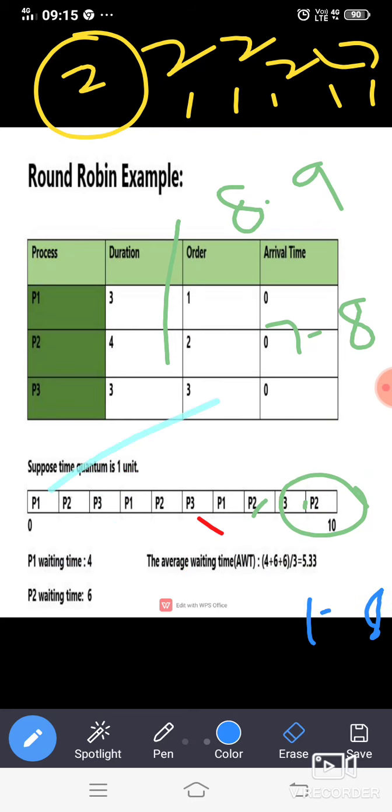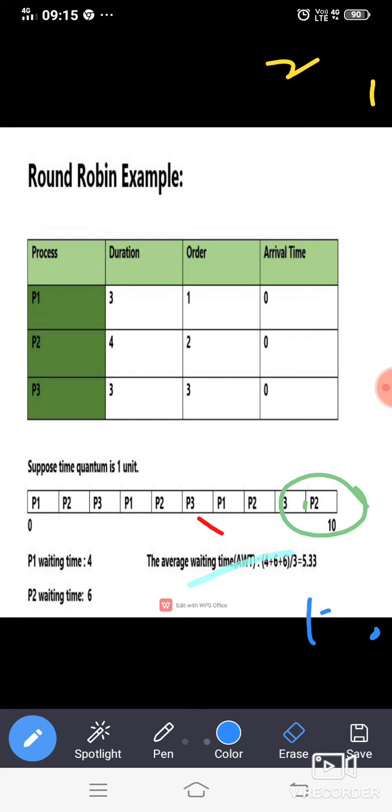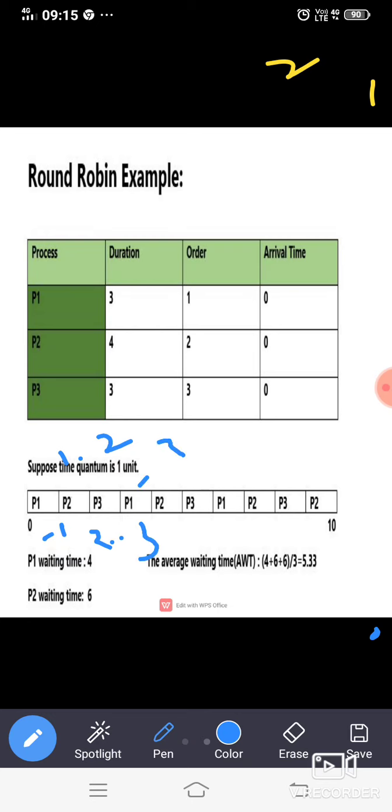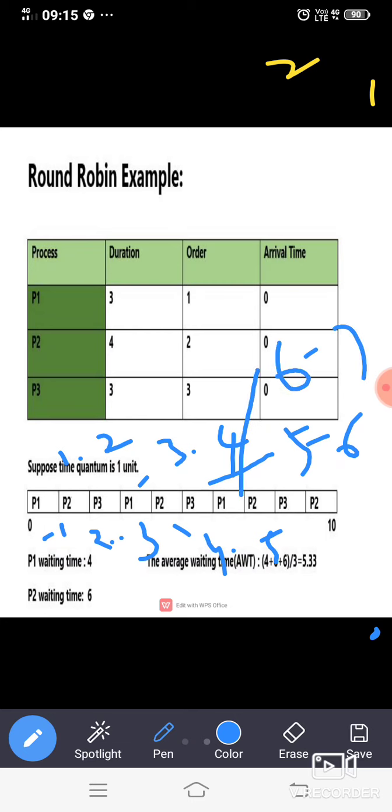I will explain it to you again. It is looking very rough, no? See, from 0 to 1, P1 is executed. From 1 to 2, P2 is executed. From 2 to 3, P3 is executed. From 3 to 4, P1 is executed again, again 4 to 5 P2, again P3 5 to 6, again P1 6 to 7, again here 7 to 8.